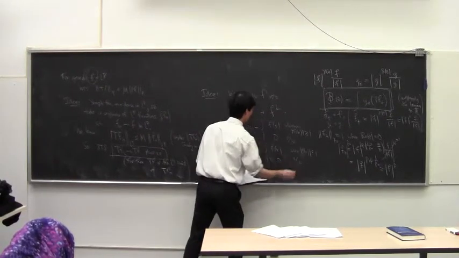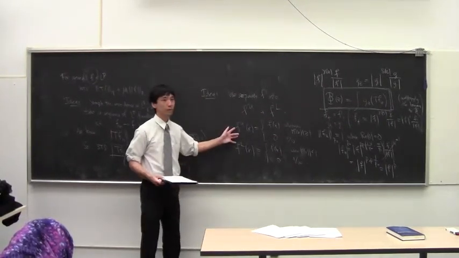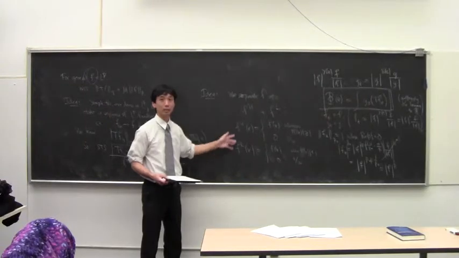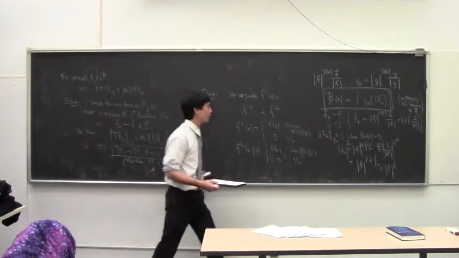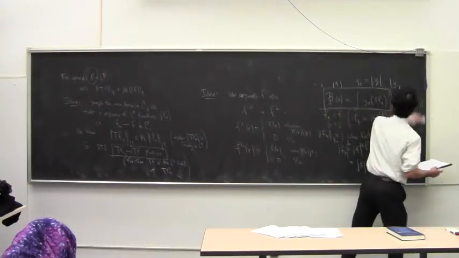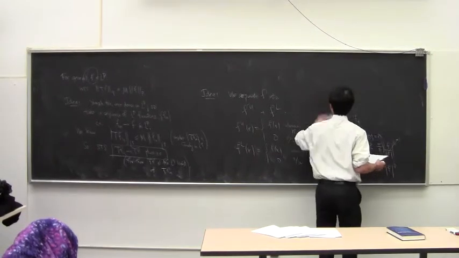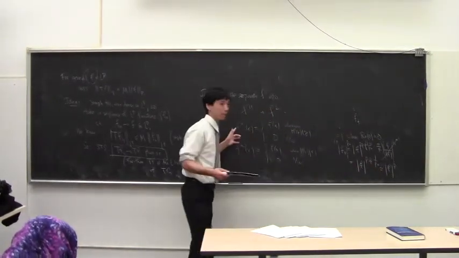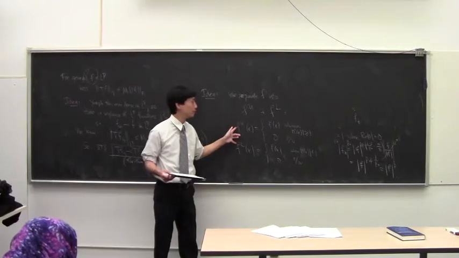So you separate f into its big parts and its little parts. Okay. And you do that for the f_n's as well.